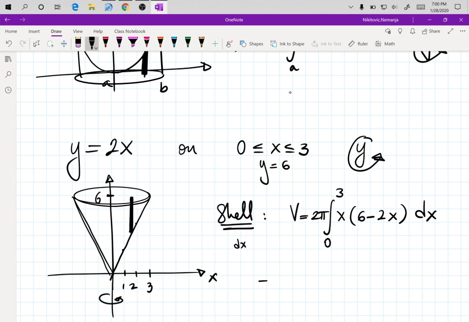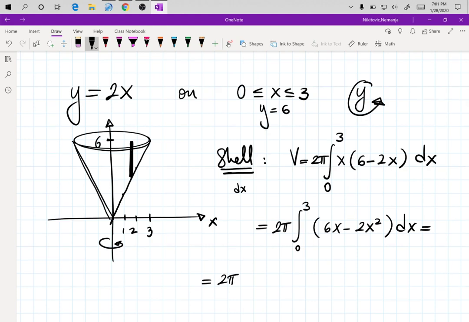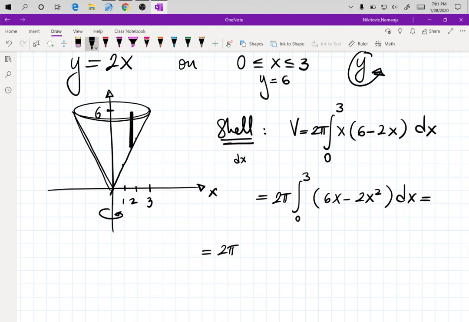And now I get to compute this. Well, first I'm going to simplify. 6x minus 2x squared dx, and then I integrate with 2 pi. 6x squared over 2 is 3x squared.